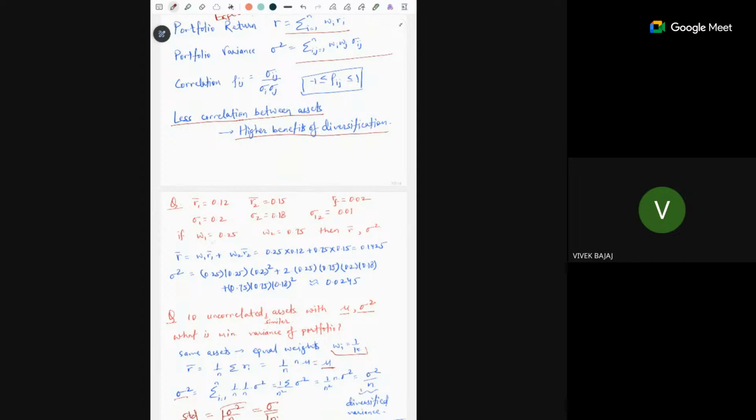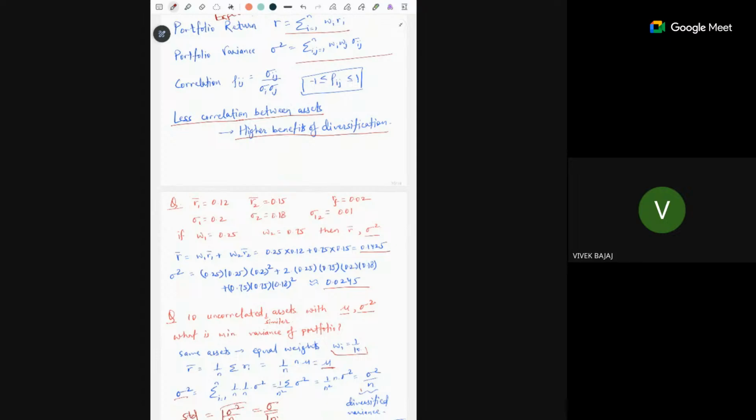The weights are given as 25% and 75%. Then it asks you to find the portfolio return and portfolio variance. We have applied this formula, and from that we have calculated the portfolio expected return and portfolio variance.